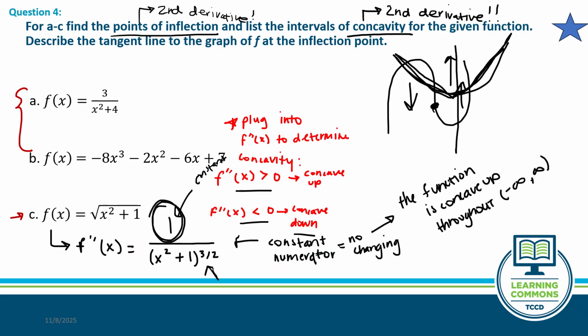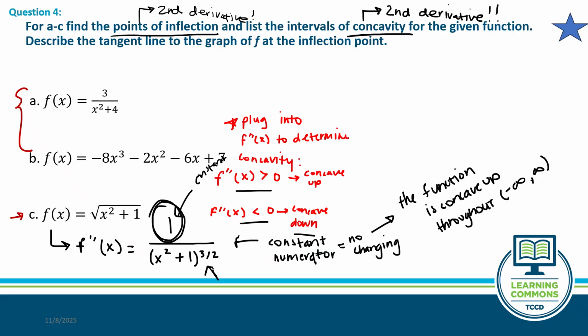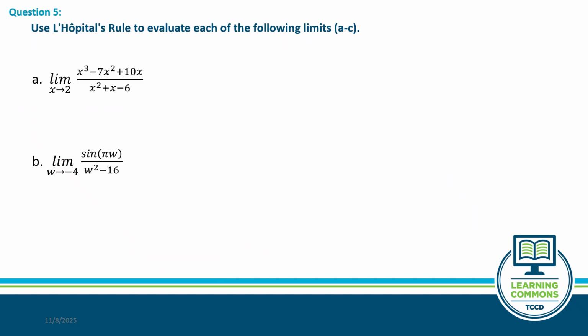That one's probably your easiest one, because if you get a second derivative that's constant, nothing's going to change about it. And if this was negative, it would be concave down the entire duration of your domain. Okay? Sounds good. Not too terribly bad, right? Okay.